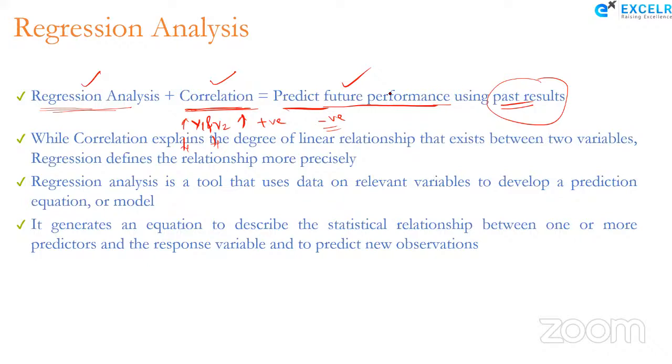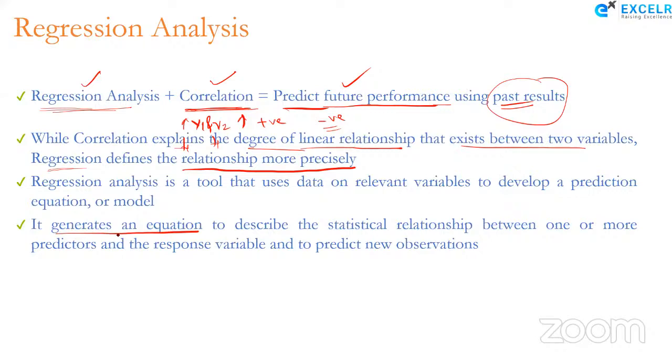Let us break down all these things and then combine them to understand what linear regression is. While correlation explains the degree of linear relationship that exists between two variables, regression defines the relationship more precisely. What do I mean by that? You can generate an equation.